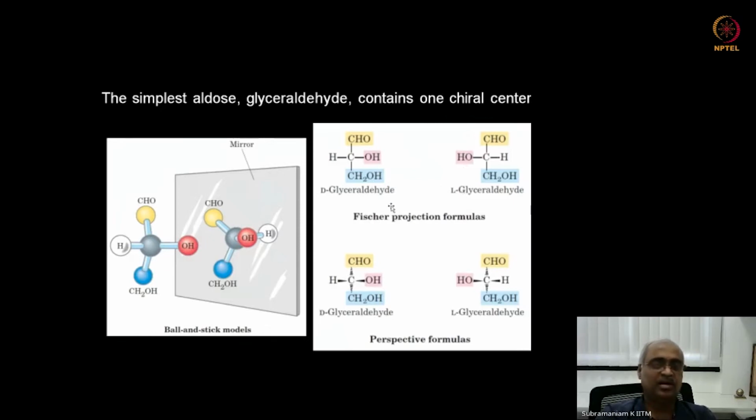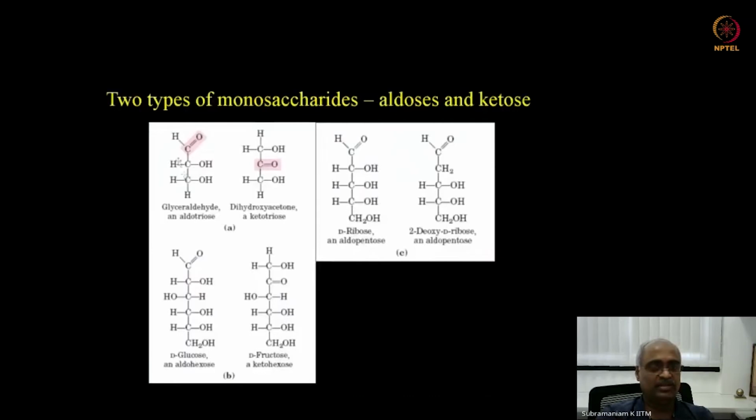So you can have one chiral carbon, you can have two versions. So the number of stereoisomers possible is 2 power n. If you have two chiral carbons, then 2 power 2. If you have 3, then it is 2 power 3 and so on. So if we go back and look at it, this has only one. Dihydroxyacetone has no chiral carbon. If you take glucose, you have 1, 2, 3, 4.